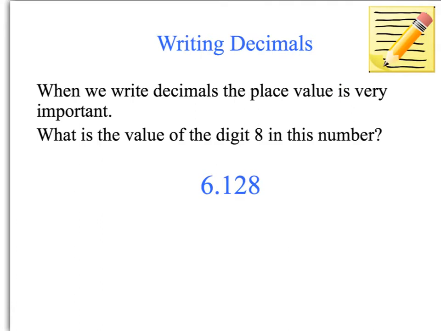It's going right, so it's getting smaller. We've got this first one is tenths, second one is hundredths, and the third one is thousandths. So the 8 in this number is 8 thousandths.